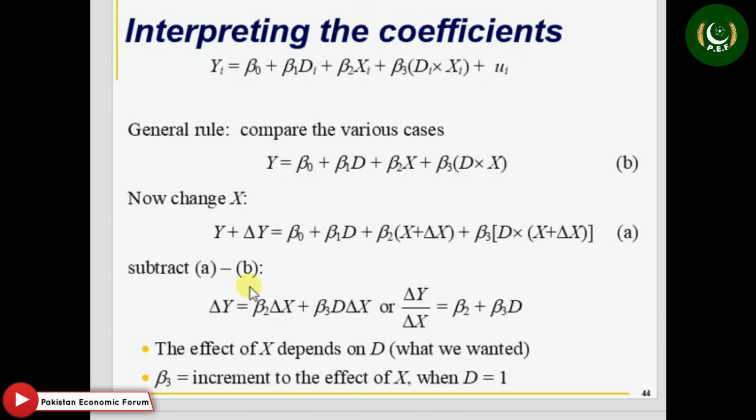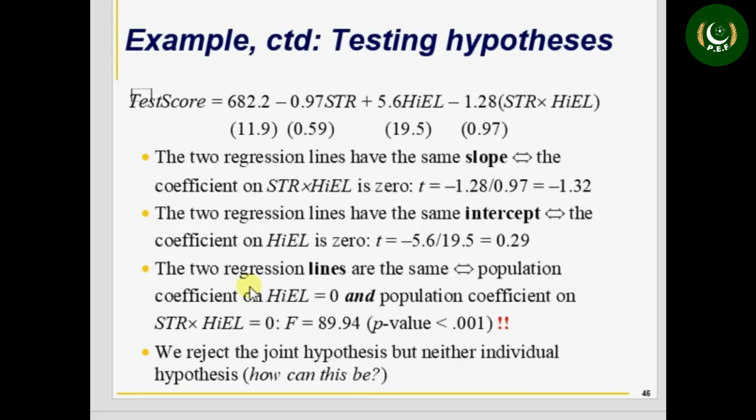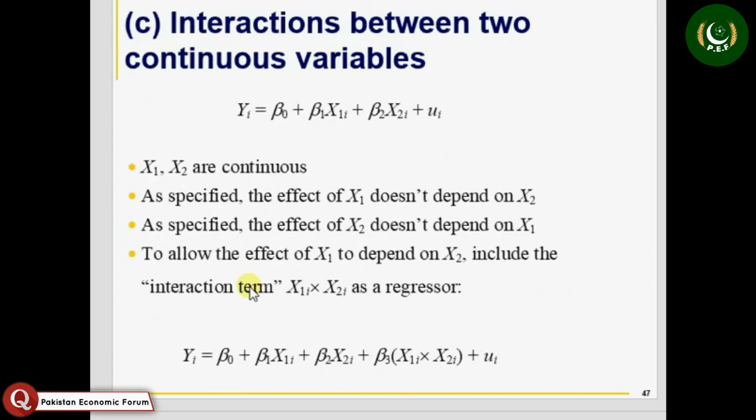This one is binary and continuous, and similarly you can have a continuous and continuous one. This one is the interaction. In this case, the intercept will remain the same, beta naught, but slopes will be different.